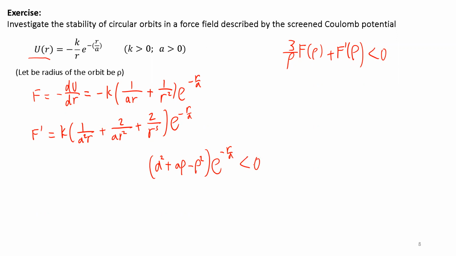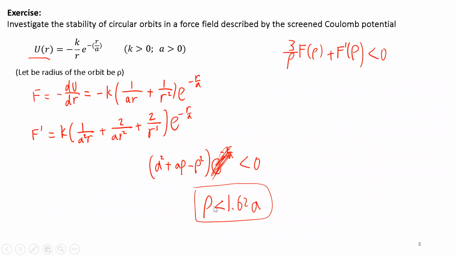Here you know that the exponential function itself is always positive, so I don't need to consider that. At the end, you find that the rho has to be smaller than some number. There's some square root involved, but I just write out the numerical value.